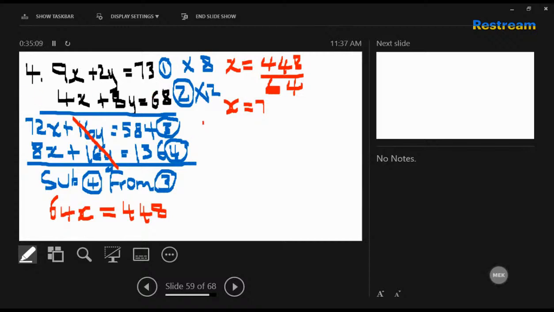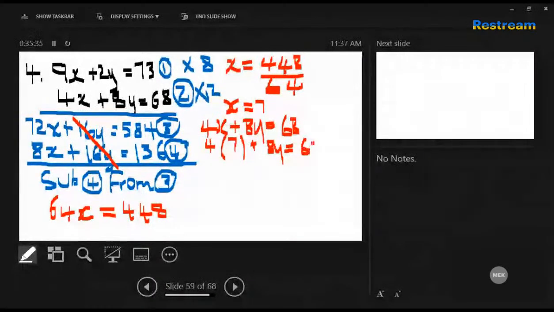of the equations. So let's use the second equation, 4x plus 8y equals 68. So if x is 7, 4 times 7 plus 8y equals 68. And 4 sevens are 28.